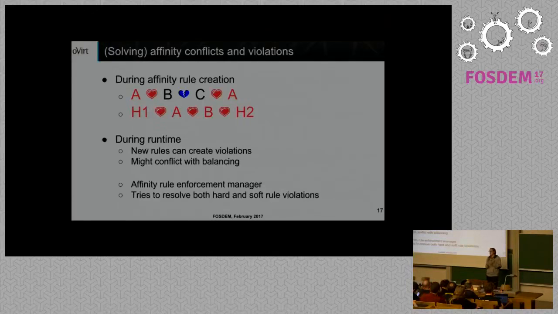We'll detect that. That's a solvable conflict, and part of the balancing algorithm in oVirt will try to slowly fix that up. It might not be immediate. There might be more important rules to solve first, but we'll see that and we'll try to migrate the VM to the right host.